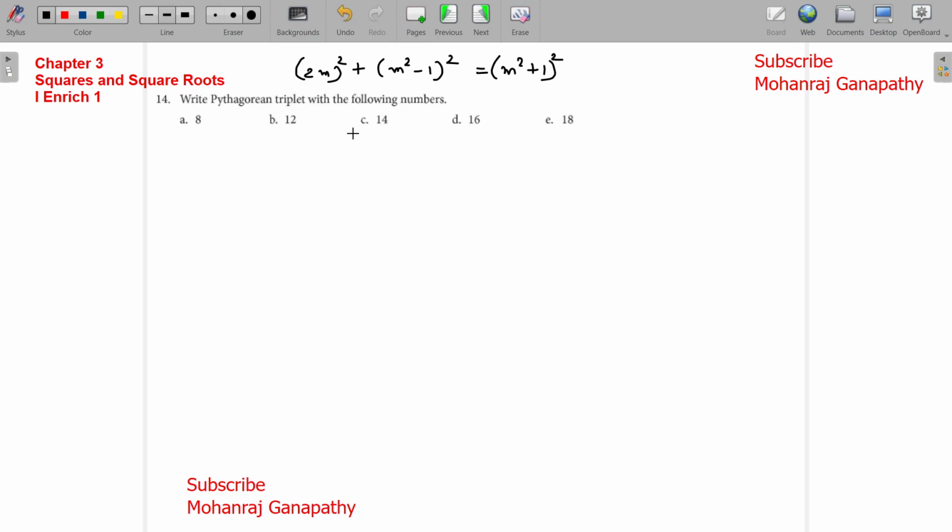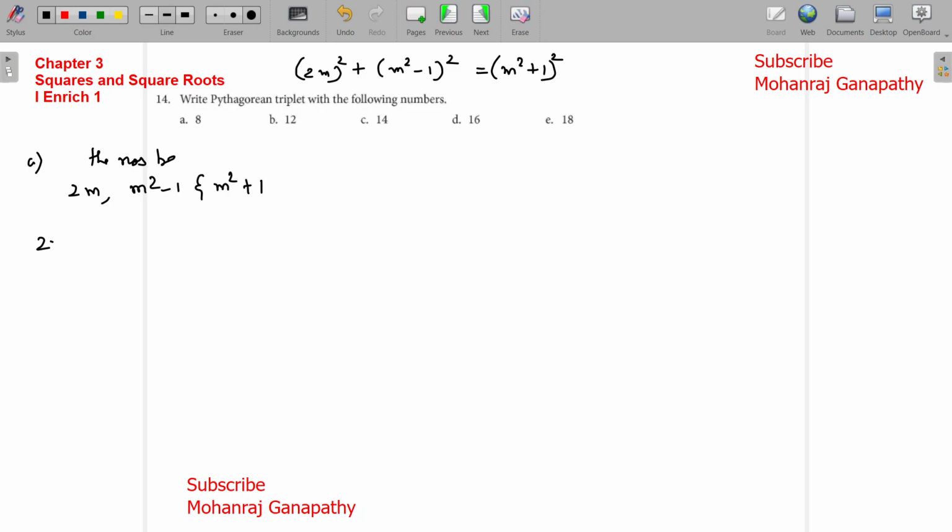Let us consider the three numbers to be 2m, m square minus 1 and m square plus 1.